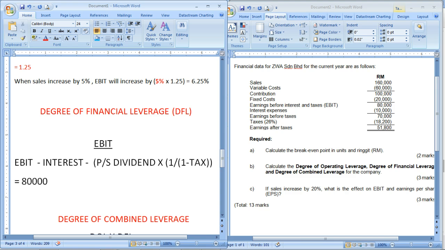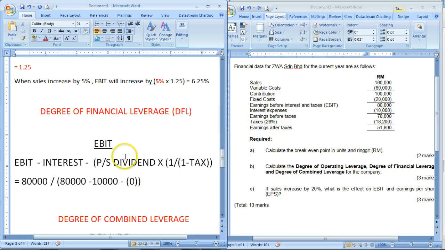80,000 divide by EBIT. Just follow the formula, class. 80,000 minus, can I know your interest? It is 10,000. You see? Direct question. Minus, do you see any preferred dividend? No, right? So 0. Why I put 0?